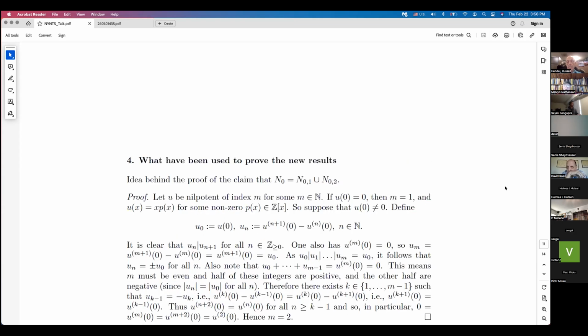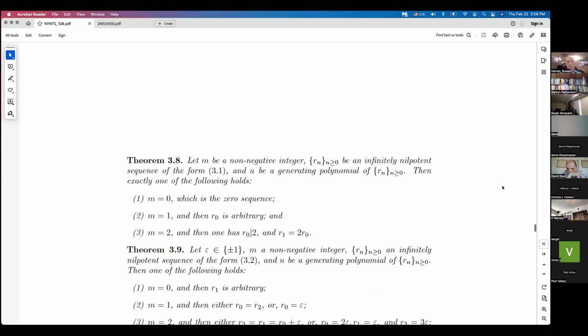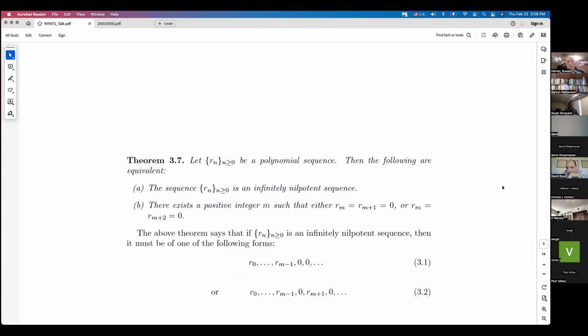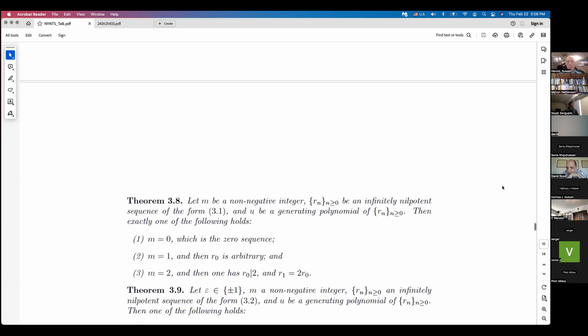So from that point on, your sequence is periodic with period 2. But why is it not possible to have something which is periodic with period 3? Because of this theorem that I mentioned.